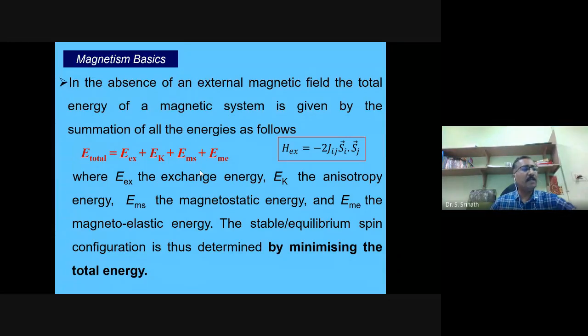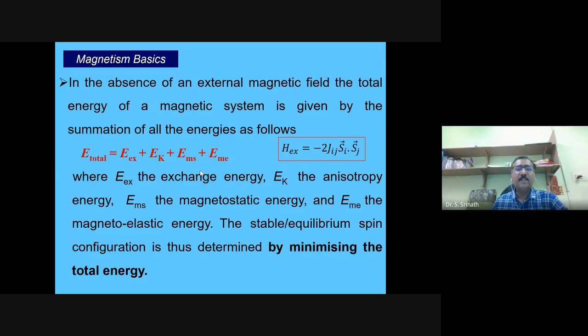For example, iron, which has Tc close to 1000 Kelvin, often is found to be not possessing any magnetic property unless it is processed, because of domains. So we are trying to understand now why domains exist, what determines the domain direction, how many domains you can have, and how by having domains the energy can be minimized and things like that.